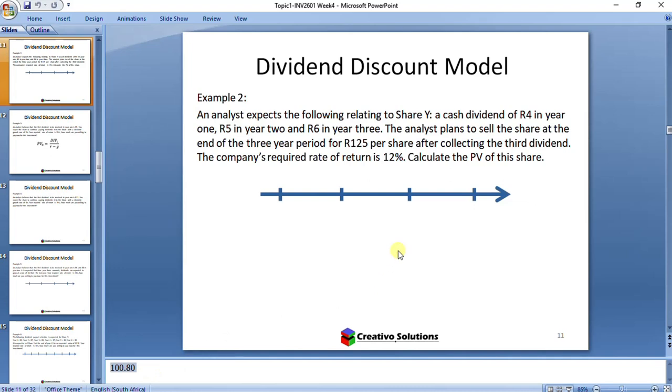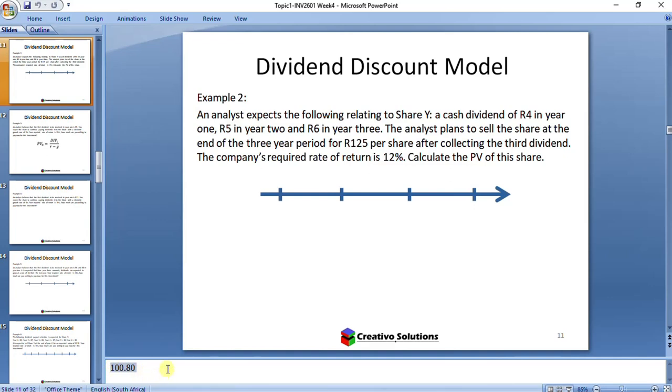So again, what have we calculated? We've calculated the price of this particular share based on the future expectations in terms of dividends. As long as I've discounted those future dividends back in time, I then have an expectation of value. I can say that this equity is worth 100 Rand and 80 cents per share.